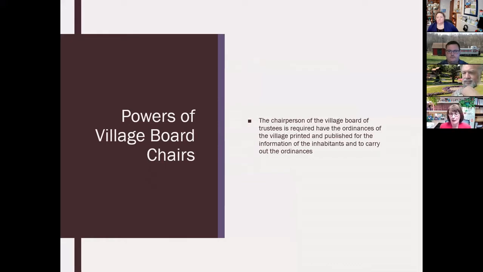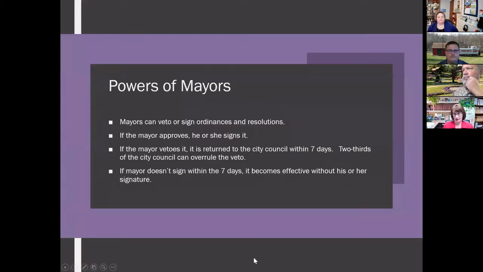Next slide, please. Mayors actually have a little bit more responsibility. Mayors can decide to veto or sign ordinances and resolutions. So if your mayor loves your floodplain ordinance, which I'm sure they will, she will sign it. If your mayor vetoes it, your city council gets another chance at that ordinance.